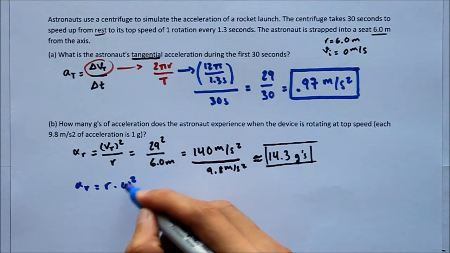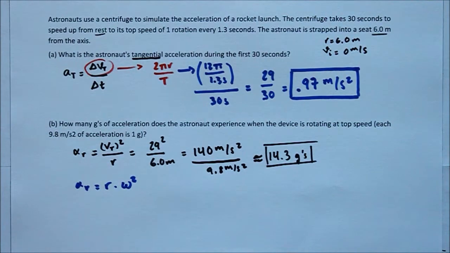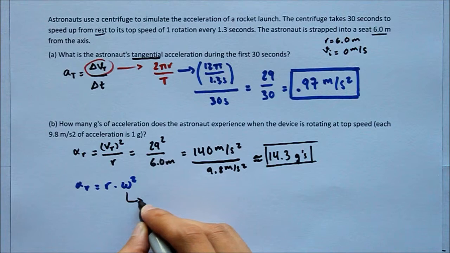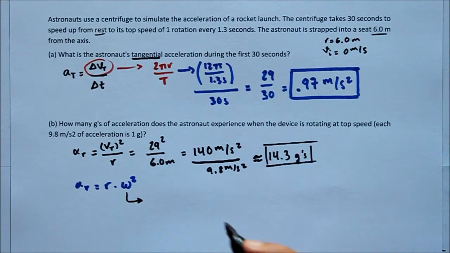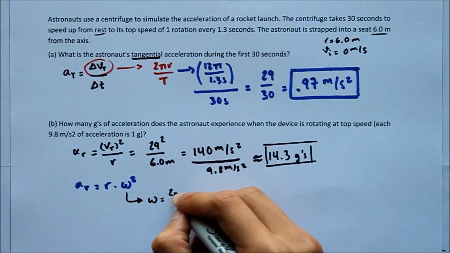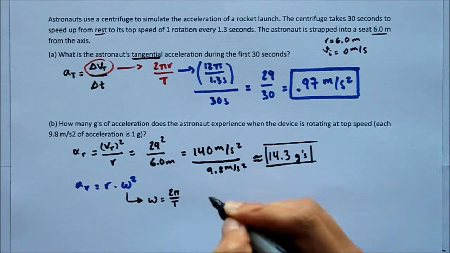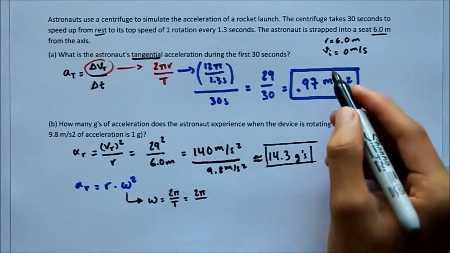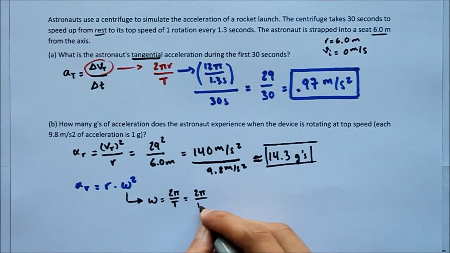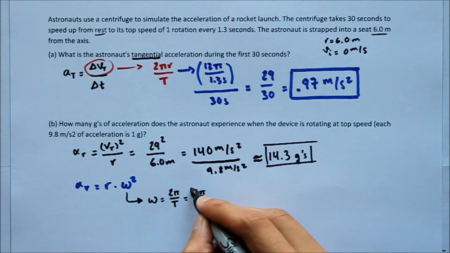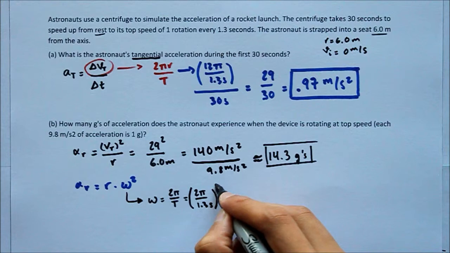And okay, so we're going to do this, but we have to remember that first we have to solve for omega. If you remember, omega equals 2 pi over our period. And our period, as stated up here, is 1.3 seconds. So 2 pi over 1.3 seconds, and we're going to square omega.